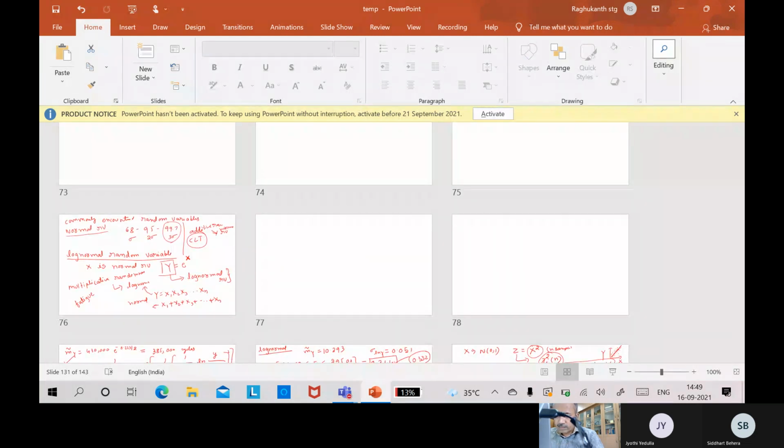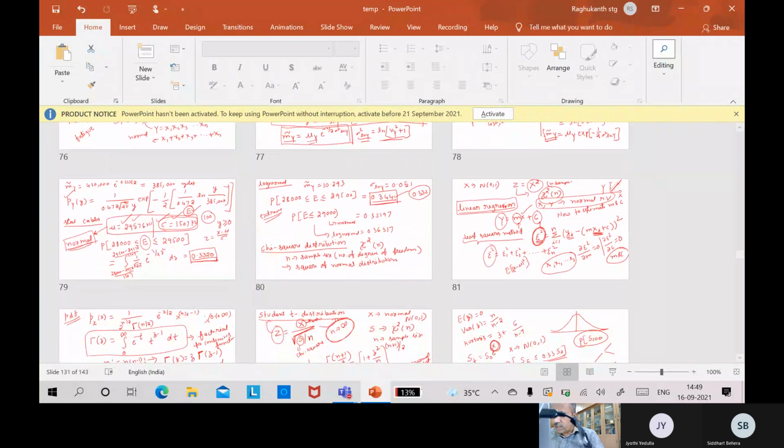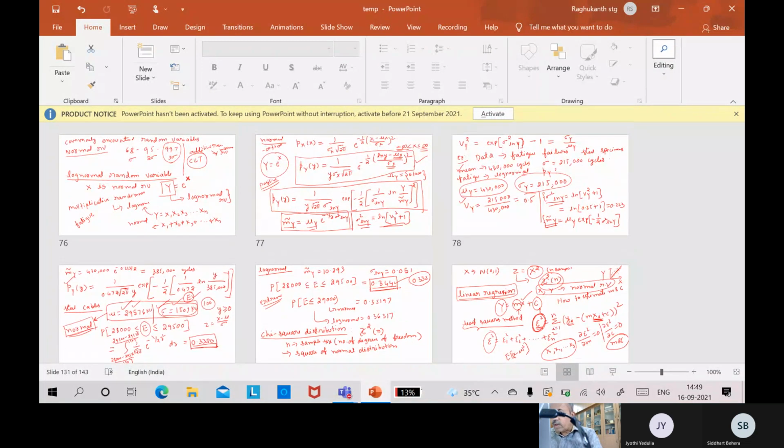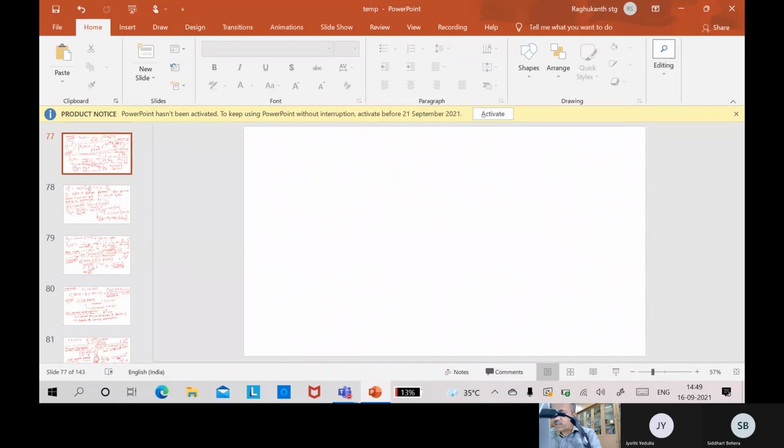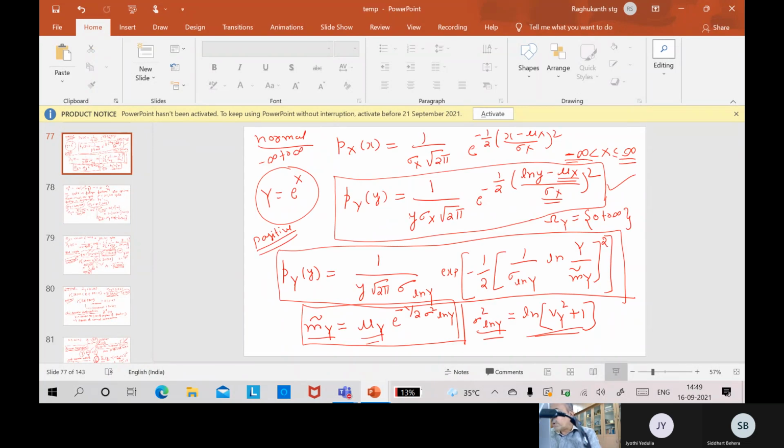Normal was there, then log normal was there. So now you can see these expressions.